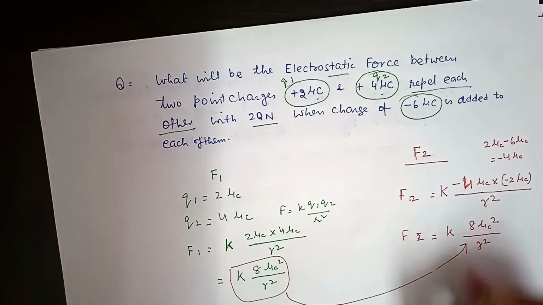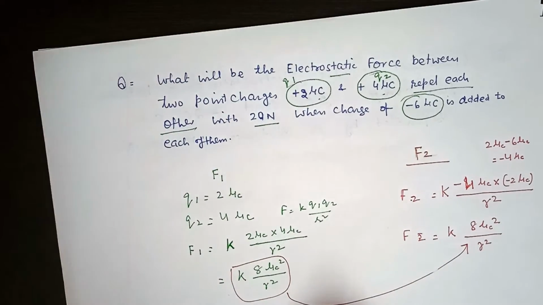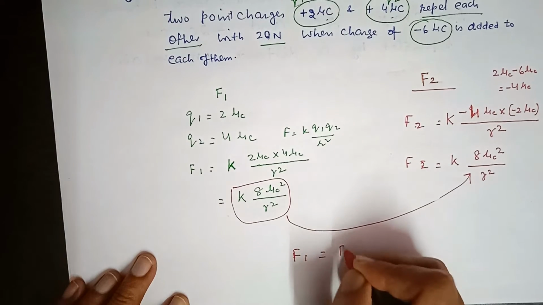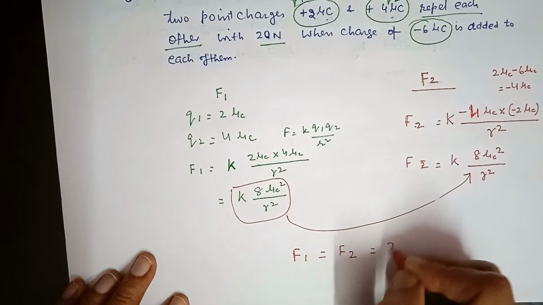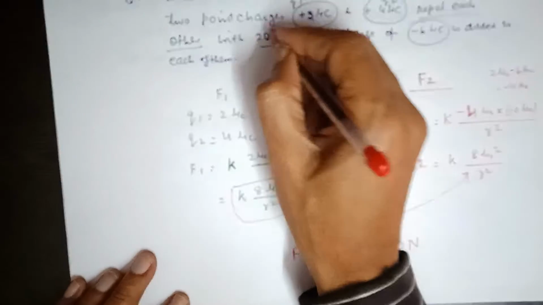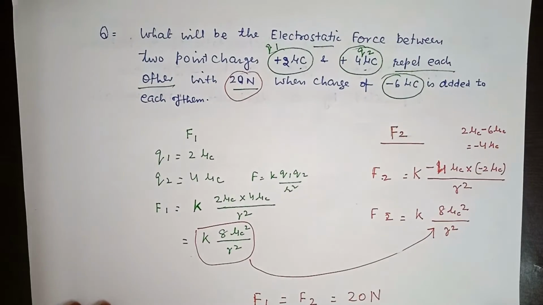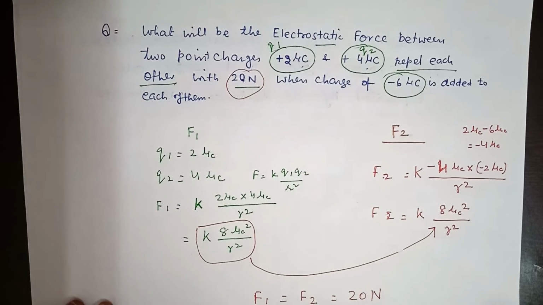Both are the same. So we say that F1 is equal to F2, and that will be equal to 20 Newton. So this is the solution of this question.